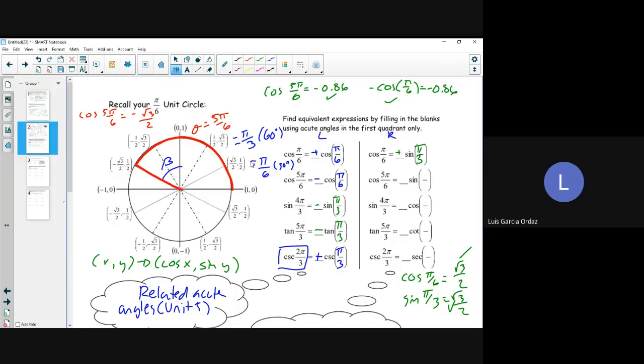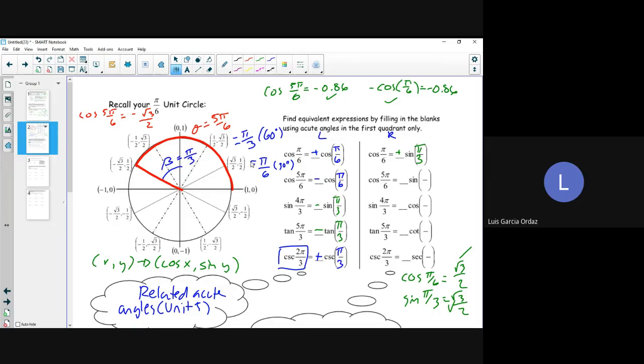So we said cos of 5 pi over 6 is negative root 3 over 2, correct? So if we're looking at the correlated acute angle, we're technically looking at the angle pi over 3. Okay?